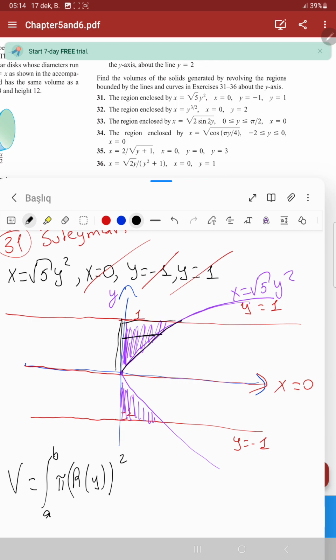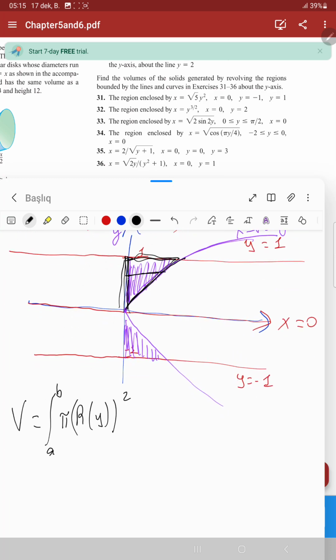It's not about rotation, by the way, in this question, but what I do personally is rotate this solid around the x-axis, and I see that I will get a circle. So that's why I use a formula like this.